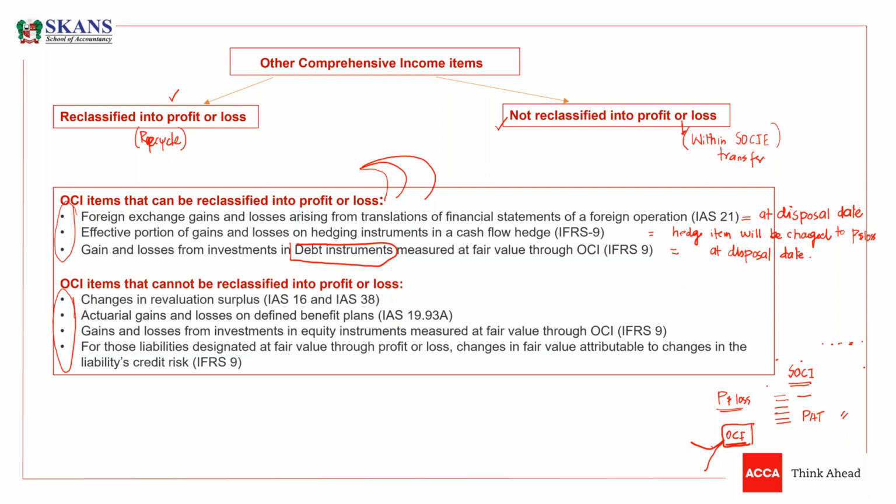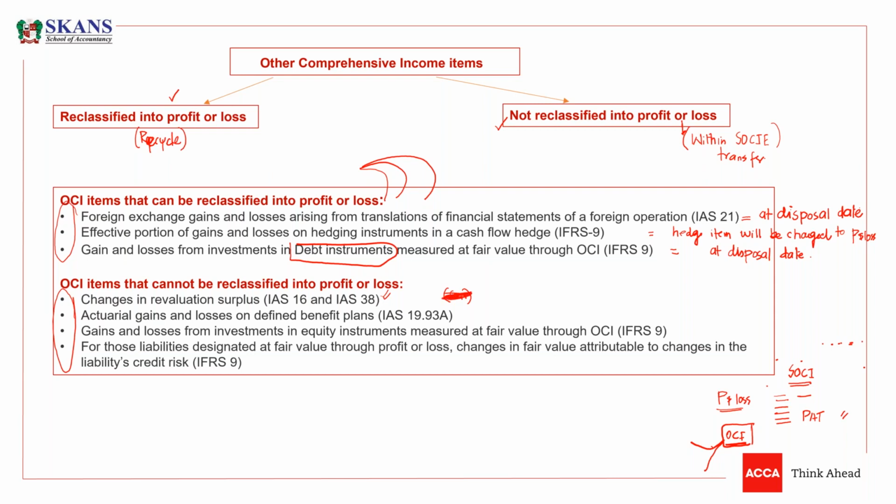Now guys, what is next? OCI items that cannot be recycled into P&L are changes in revaluation surplus, IAS 16 and 38. They can be transferred to retained earnings, but they cannot be recycled back to P&L.